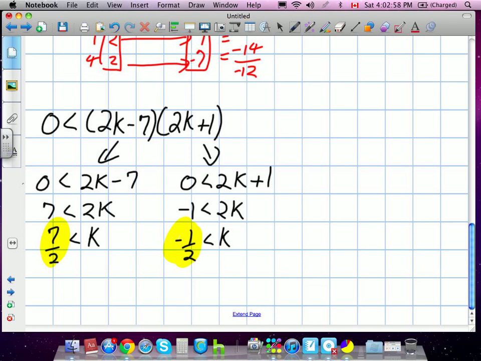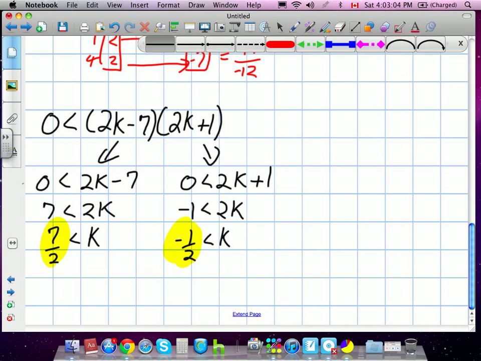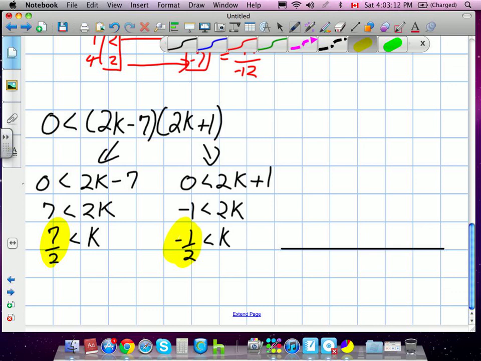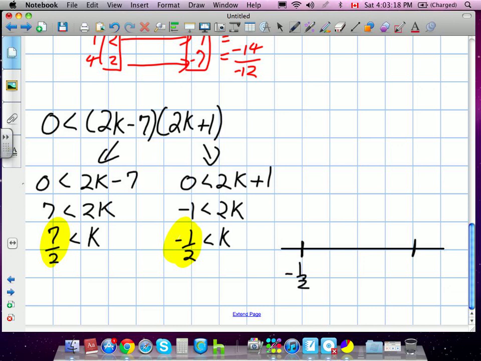One of the ones we found in the first answer were 4 and, yeah. If we were to draw this on a quick number line, we're looking for values like this. Negative a half, 7 over 2.